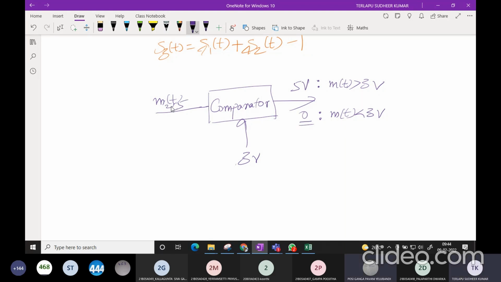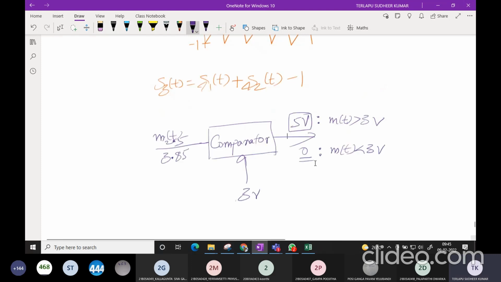For 2.5, the output voltage would be 0. And assume M of t is 3.85. For 3.85 volts input, my output would be 5 volts, logic 1.